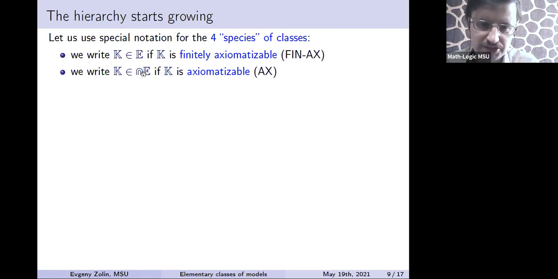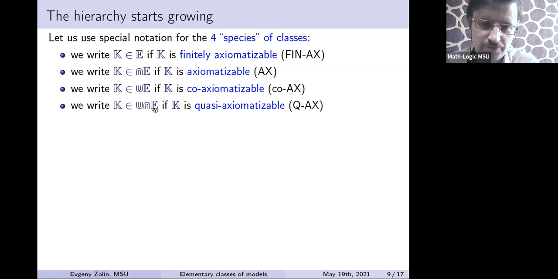It belongs to intersection E if it is axiomatizable. Remember that this means that K is the intersection of some classes from E. Similarly, union, co-axiomatizable. And the last, union of intersections of finitely axiomatizable. It is called quasi-axiomatizable.